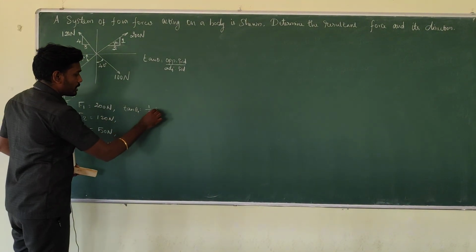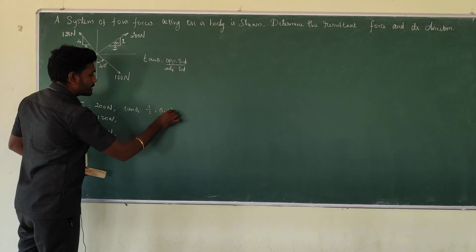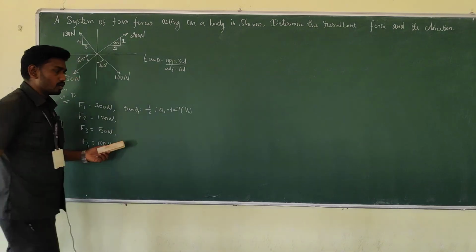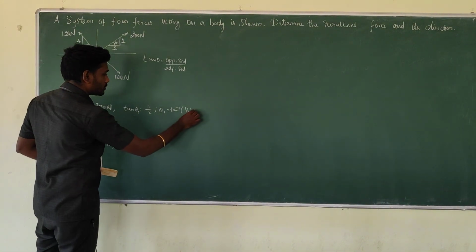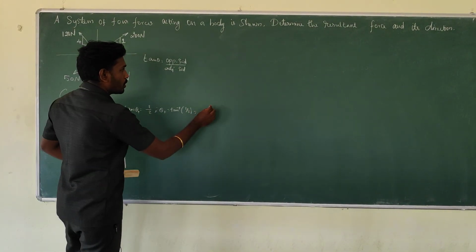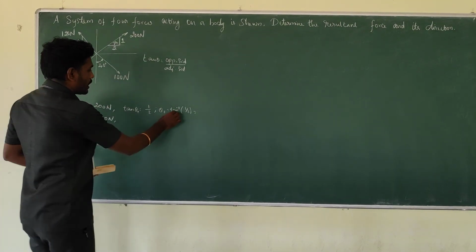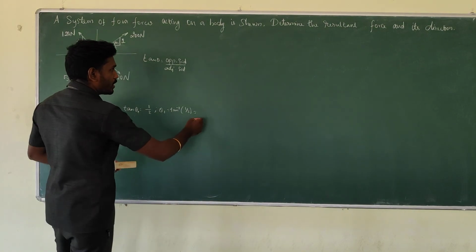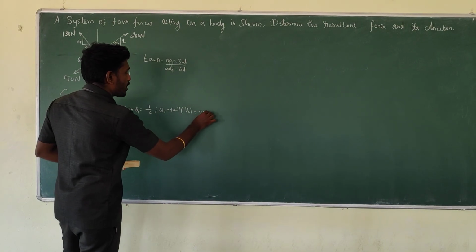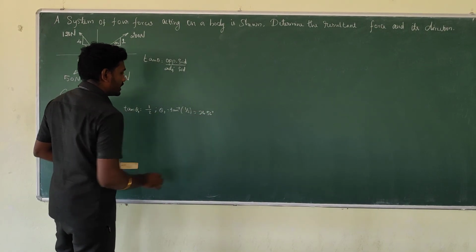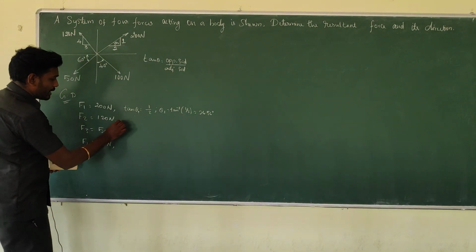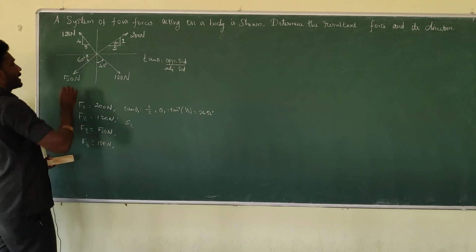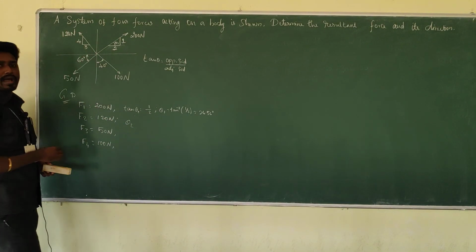So theta 1 will be tan inverse of 1 by 2. If you calculate on the calculator, roughly we will get 26.56 degree.